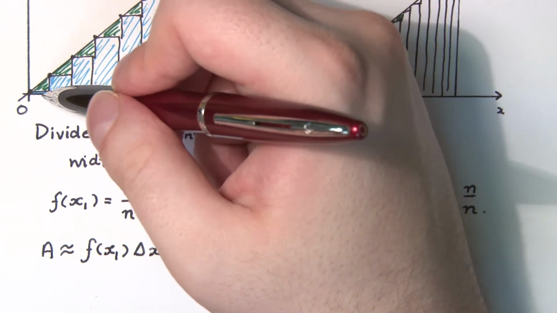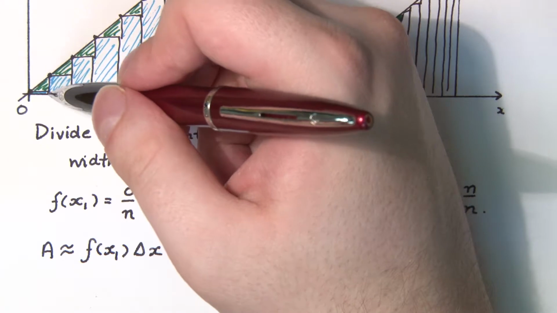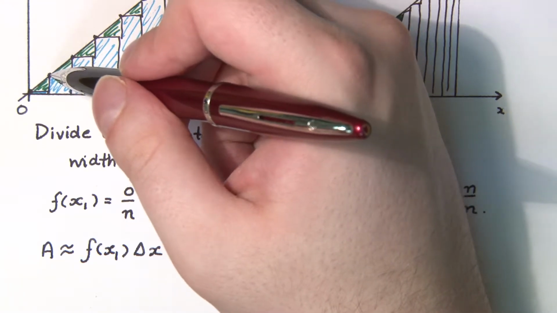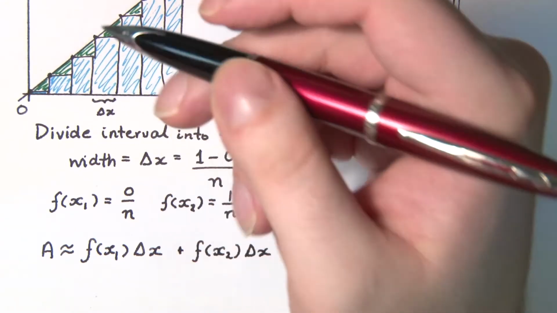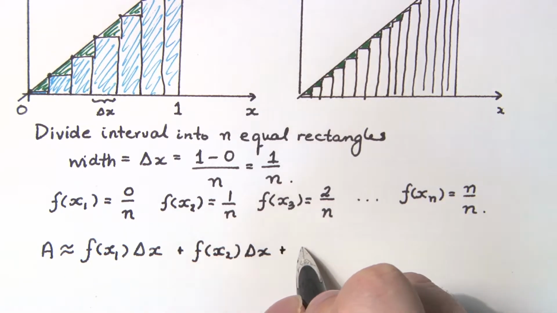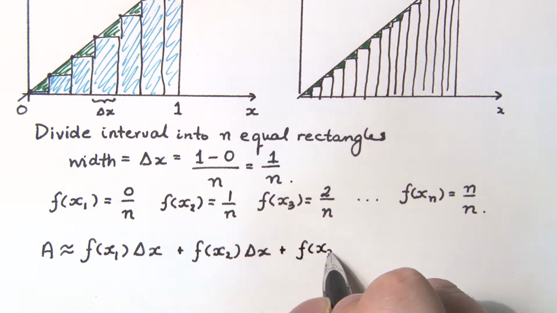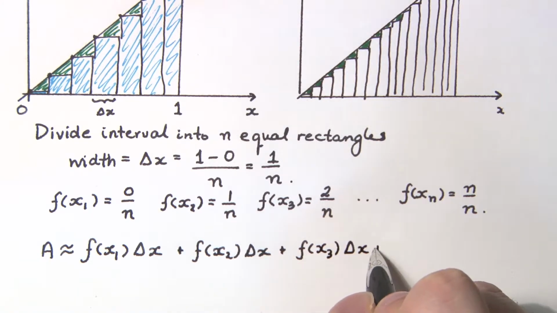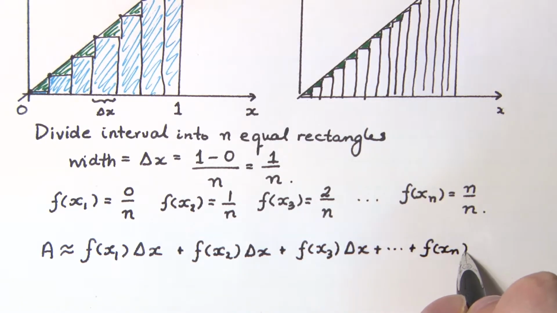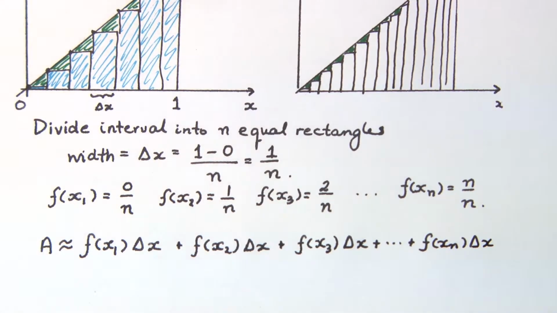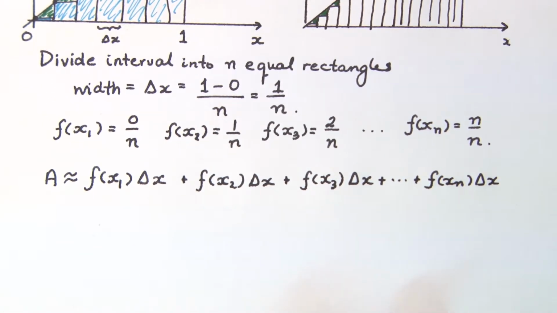For this second rectangle, there's our second point. And then we multiply by that height, multiply by that width, which is our delta x. And we do the same thing all the way to f at x of n times delta x. Okay, so that's just an approximation.